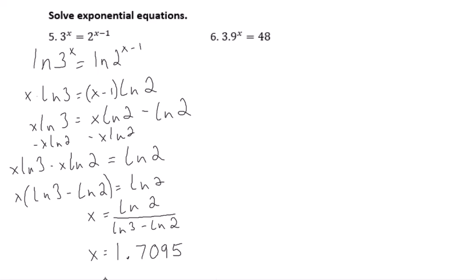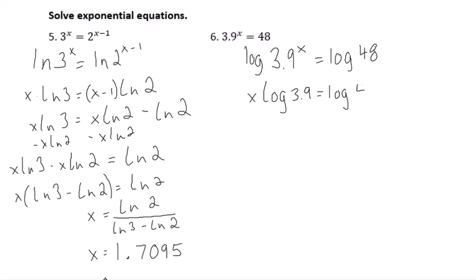All right, next one, same thing. We're going to take log or ln. It does not matter which one you choose, as long as you are using the same base on both sides. Kick that x to the front. Divide by that log of 3.9.